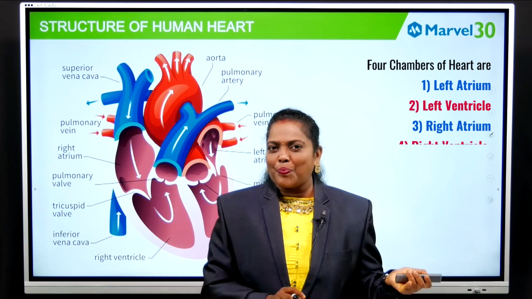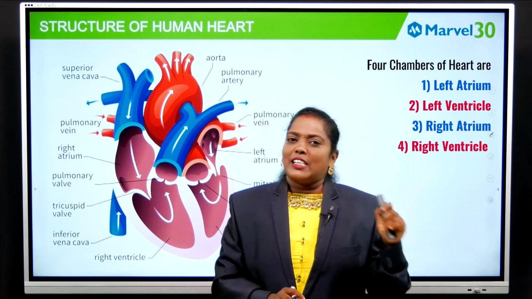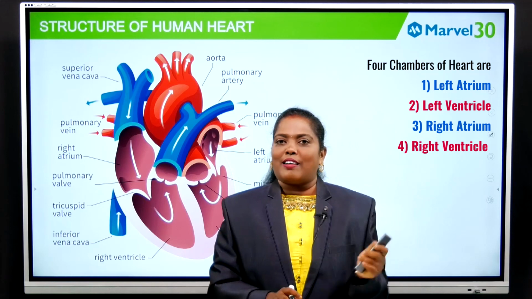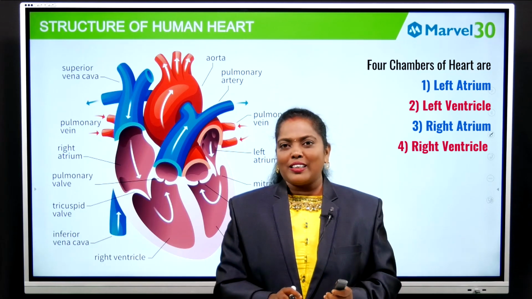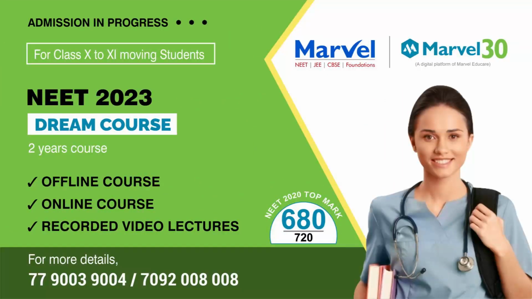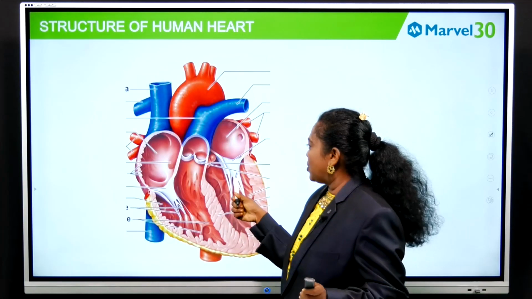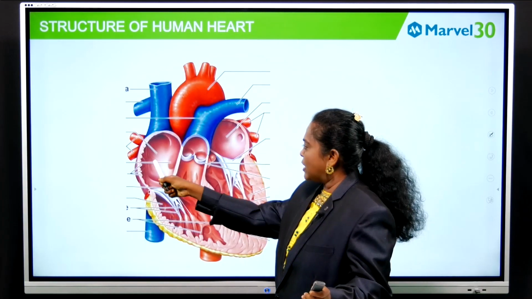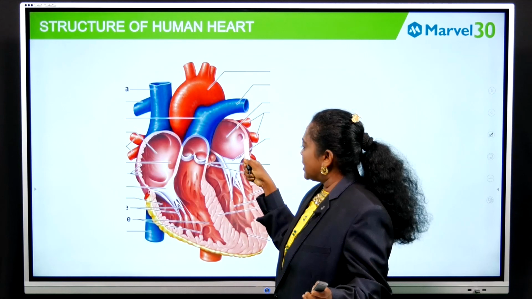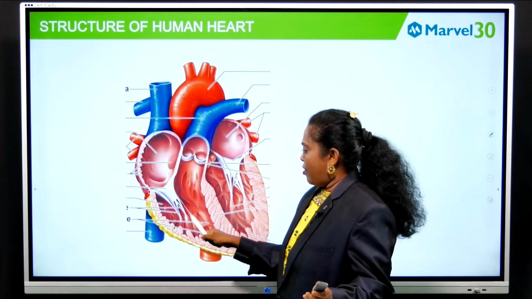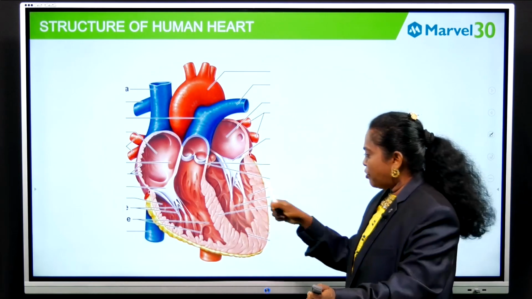Left atrium, left ventricle, right atrium, and right ventricle. Okay, is it clear? You can see here, students, this is the right atrium, this is the left atrium, right ventricle and left ventricle.